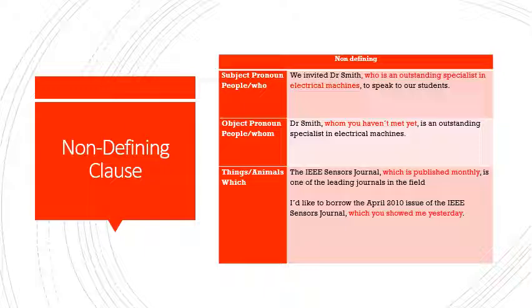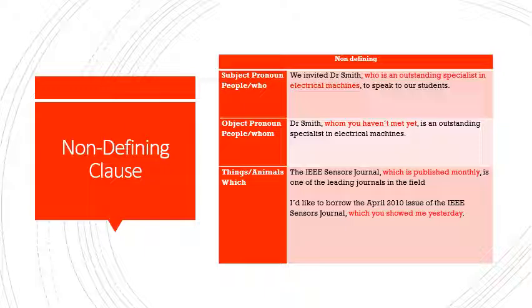Concerning the relative pronouns used in this type of clause, as you may be aware, they are the same as those used in the defining clause, namely who for people in subject position, which becomes whom in object position, and which on the other hand is used for animals, things, and objects.